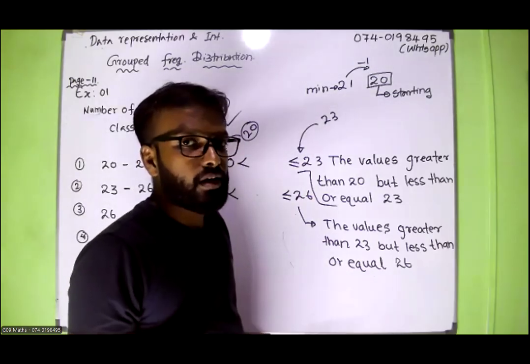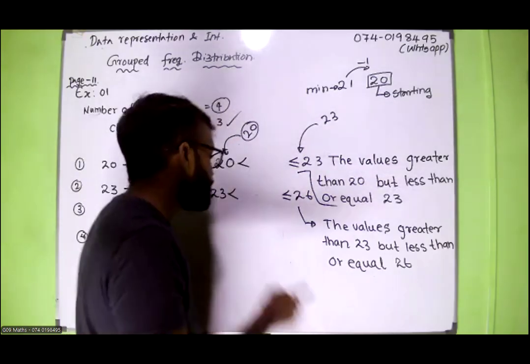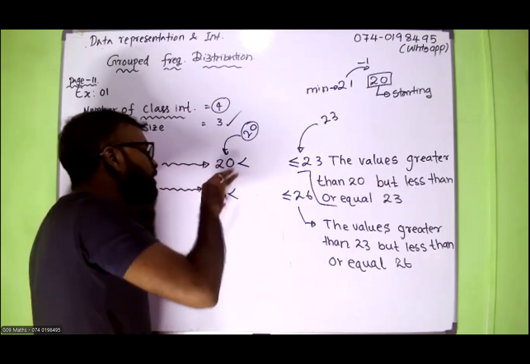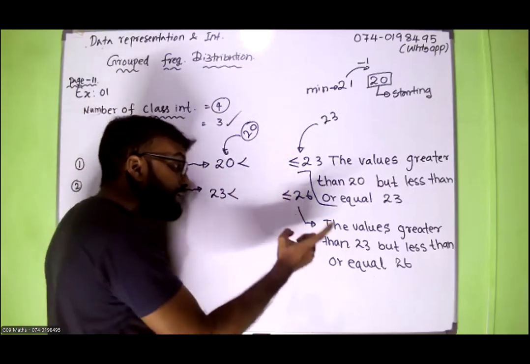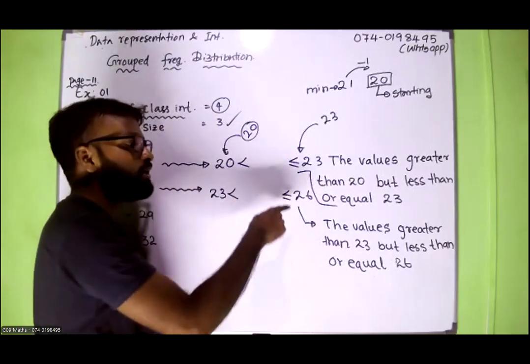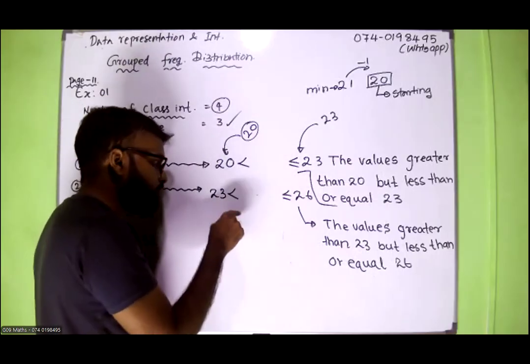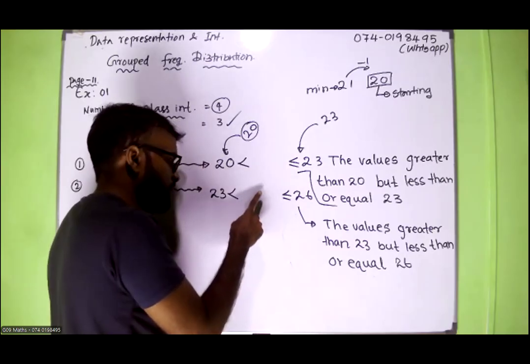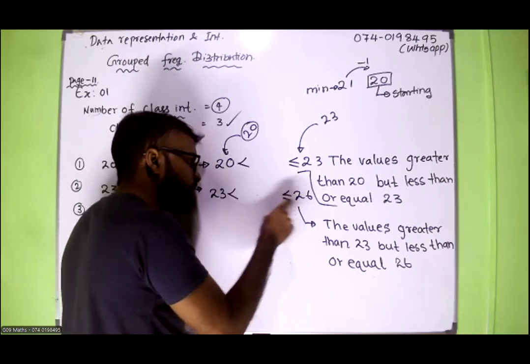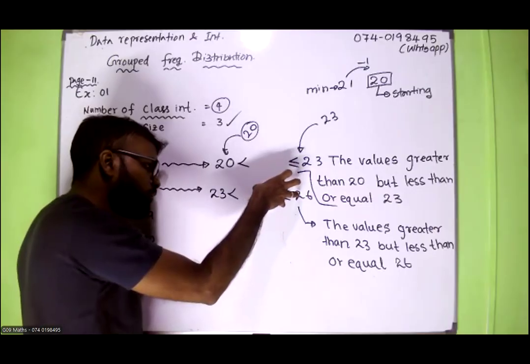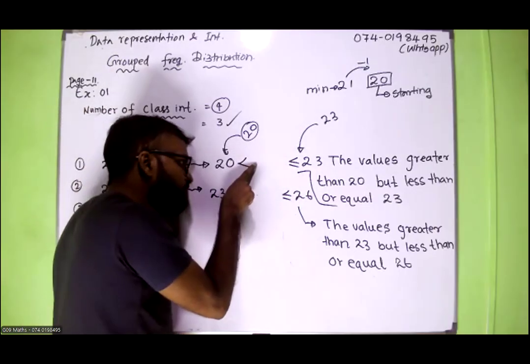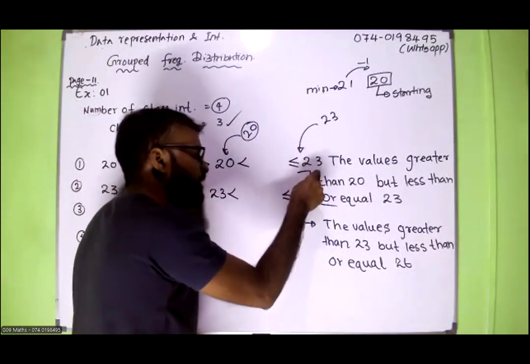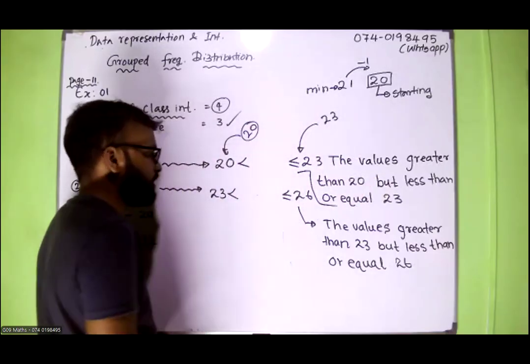If you remember the inequality lesson, the values greater than 23 and less than or equal to 26 are 24, 25, 26. Those three values should be included here, just as 21, 22, 23 are included in the first.